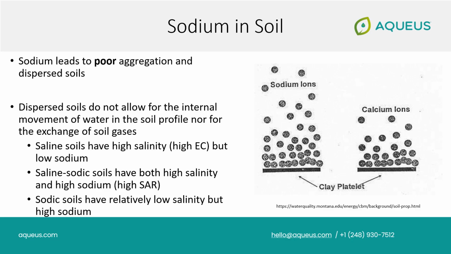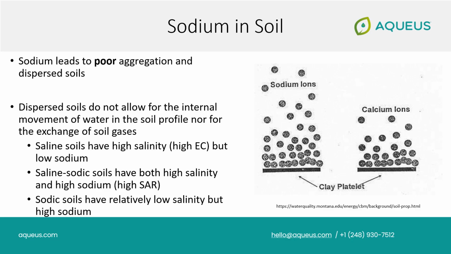So saline soils, they have a high EC, but they tend to have a low sodium. Now we can describe them as saline sodic, and that's where the salinity and the sodium are both very high. And now the really problem soils is where we have sodic soils. So the sodic soils tend to have very much lower salinity, but the salinity that is there is almost all sodium, if you want to think of it that way.